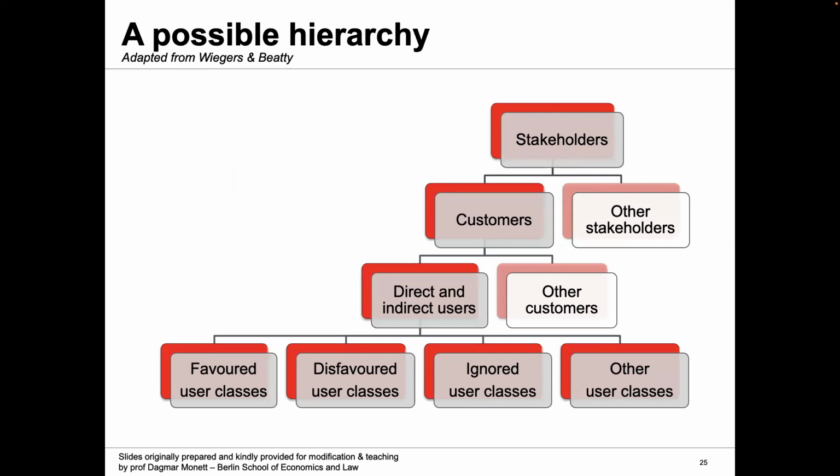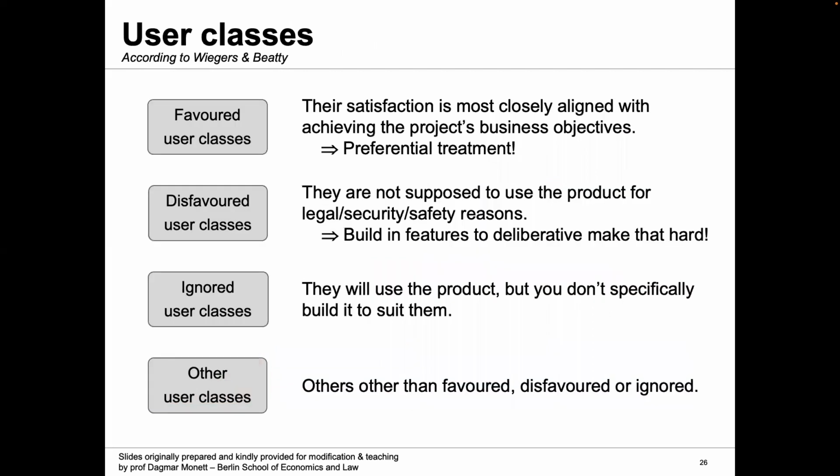At the top is your main stakeholder, and within that stakeholder is your customer. In that customer, you would have direct users and indirect users. And then the direct and the indirect users are classified as favored, disfavored, ignored, or other. Now, the next slide is going to talk about that.